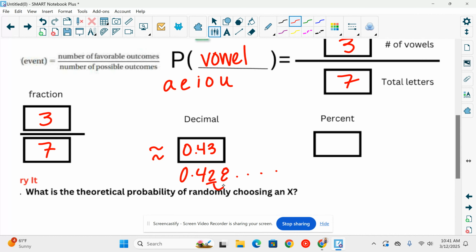The 2 looks at the 8, and the 8 tells the 2, 5 or more, go up. So I convert that to a percent, and I have a 43% chance of picking a vowel. It's unlikely to happen, but it could.